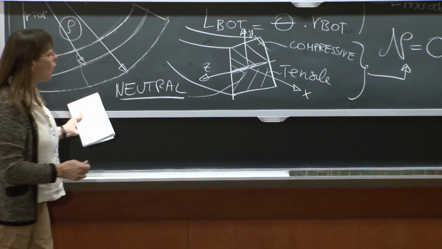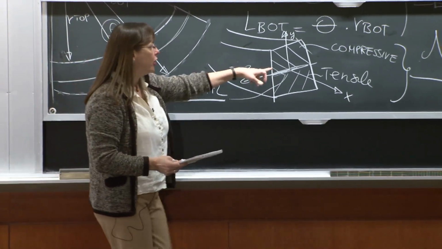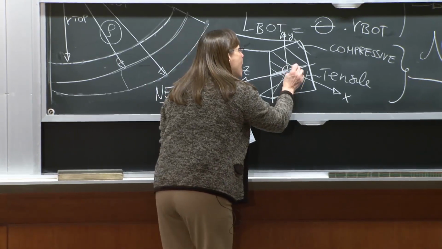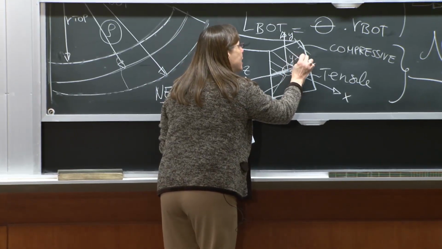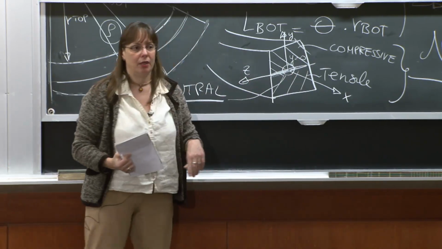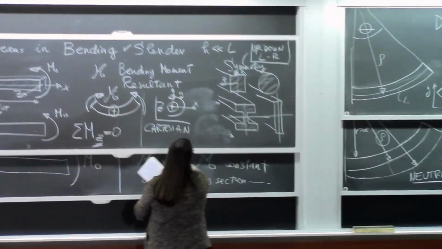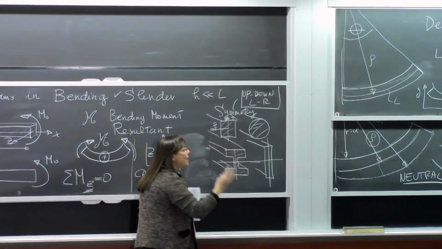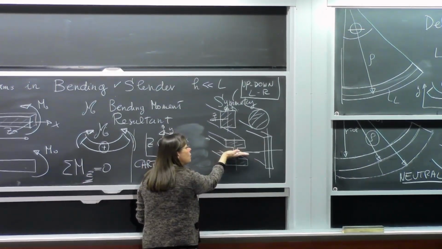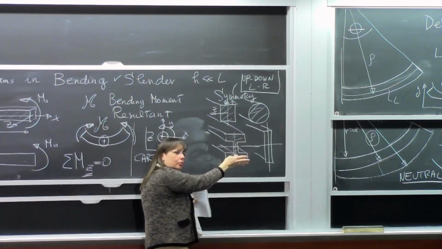And actually, what we do is, for convenience, we set y equals 0 right at the neutral axis, in the middle. So now the fact that we cheat and we only deal with symmetric beams makes our life easy, because there is always going to be a top equal to the bottom, right?